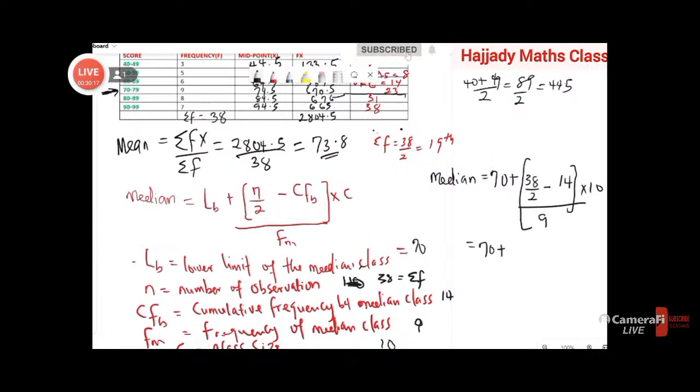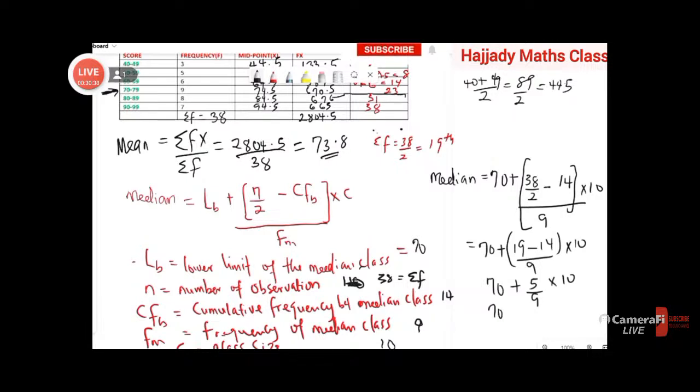So going forward, we have 70 plus 38 divided by 2, which gives us 19, minus 14, everything over 9 multiplied by 10. So here we have 70 plus 19 minus 14, which gives us 5 over 9 multiplied by 10.